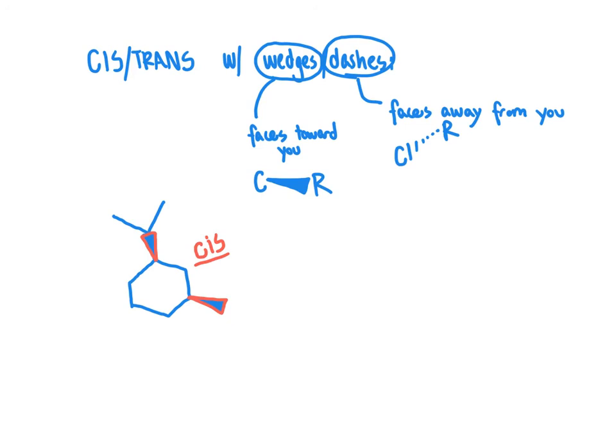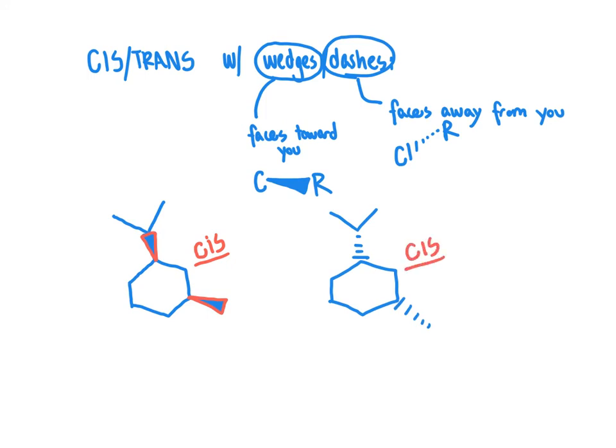Also, we could describe a molecule as being cis, or the 2 groups as being cis relative to one another, if we'd put both groups as dashes. So we could show an isopropyl branch as a dash, a methyl group as a dash, and we would still describe the relationship between these 2 groups as being cis to one another.